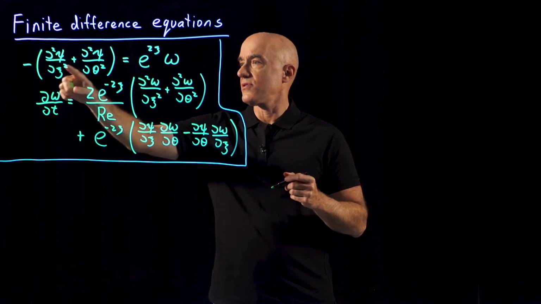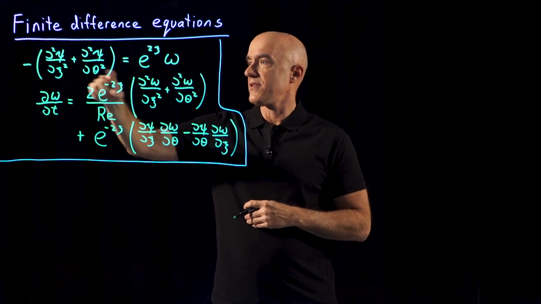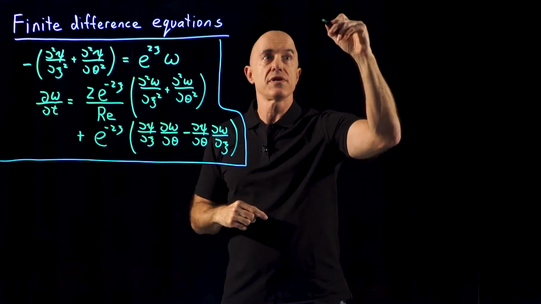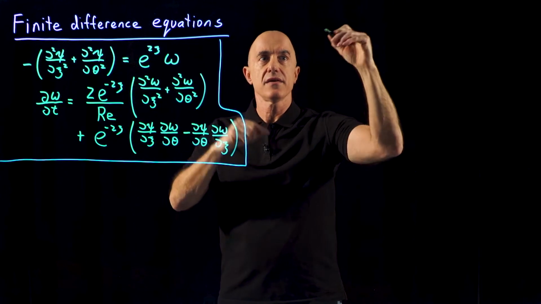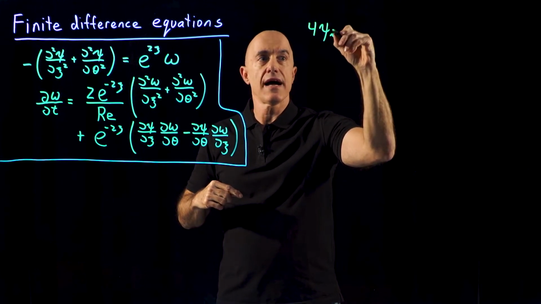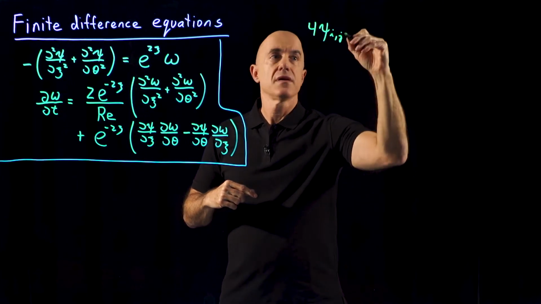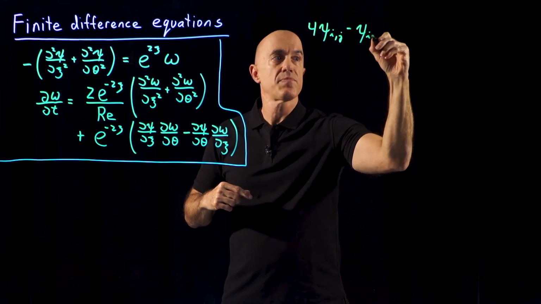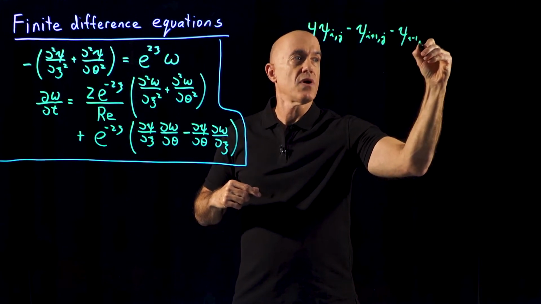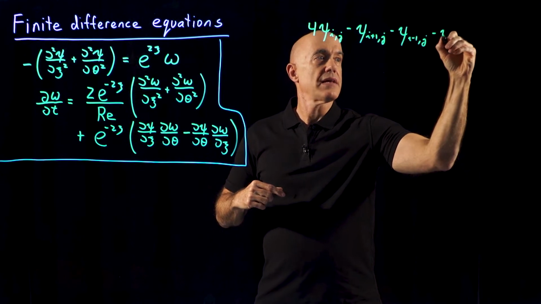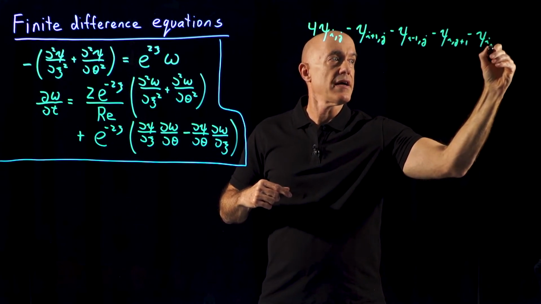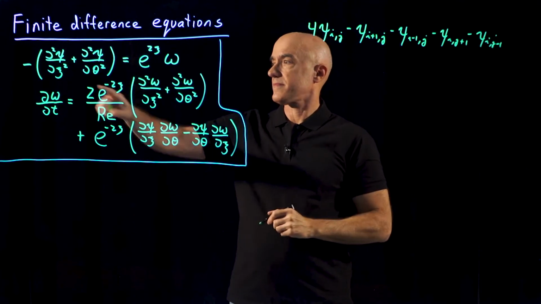You should know how to write down the second order method for the Laplacian. So that will give us, because we have a minus sign here, 4 psi i,j minus psi i+1,j minus psi i-1,j minus psi i,j+1 minus psi i,j-1.